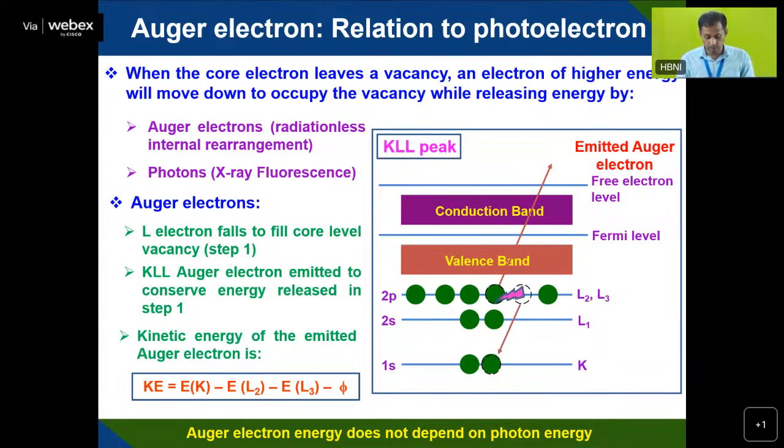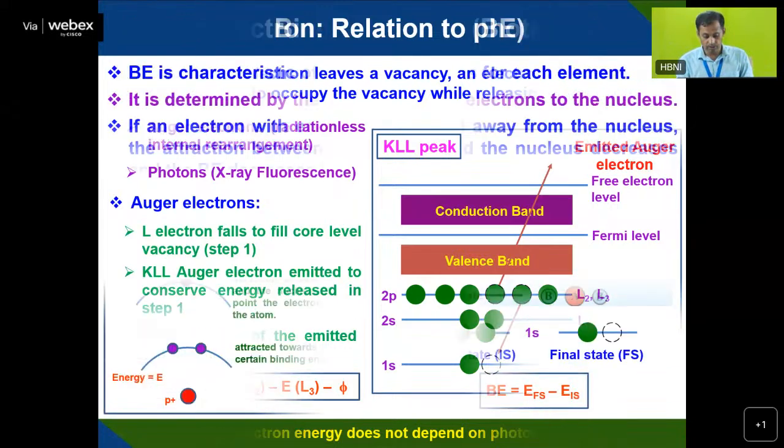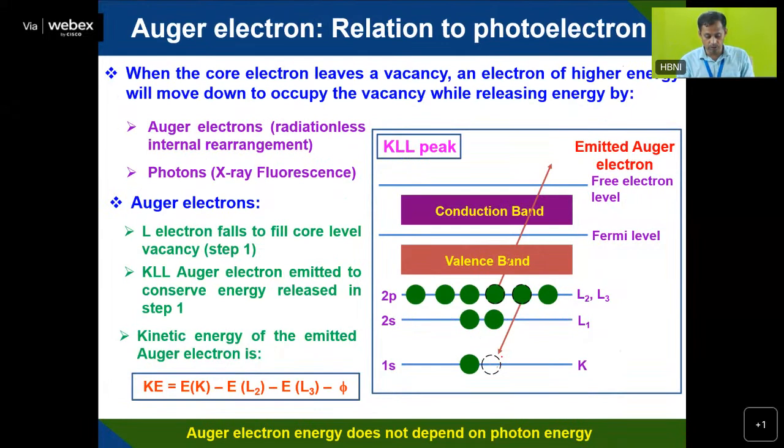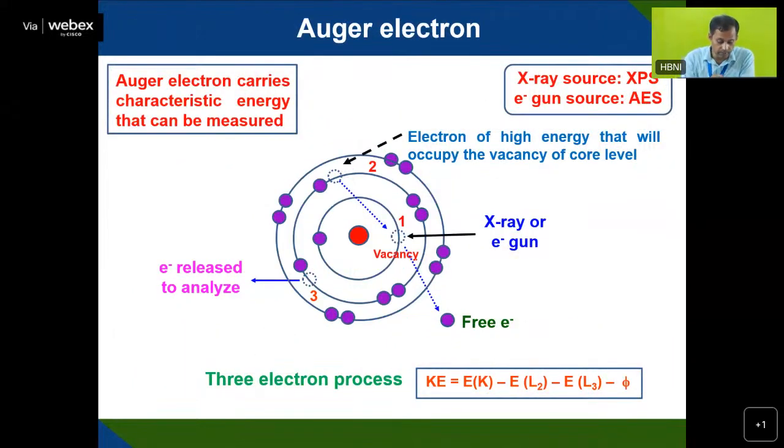So you can see there is a vacancy here, and that hole is filled by an outer electron, and because of this, the X-ray produced knocks out this particular electron. So it involves a three-electron process. This is the X-ray or electron gun you use in Auger electron spectroscopy.